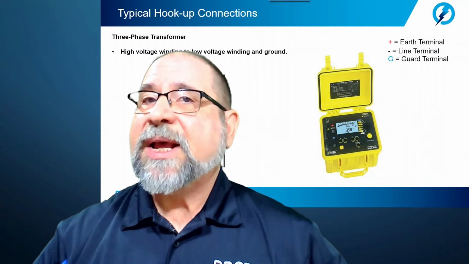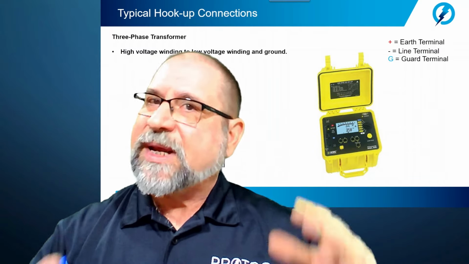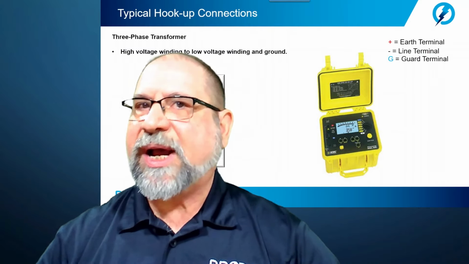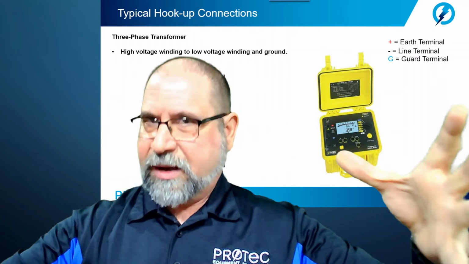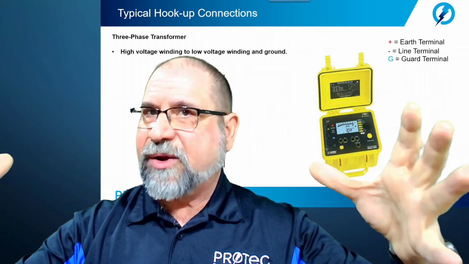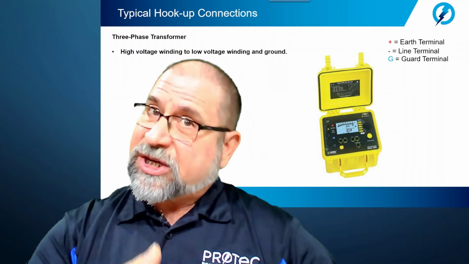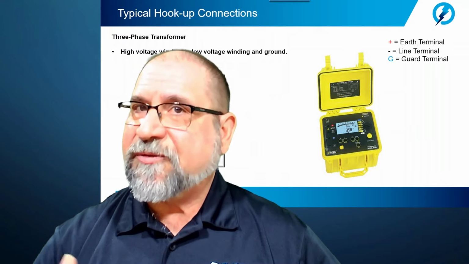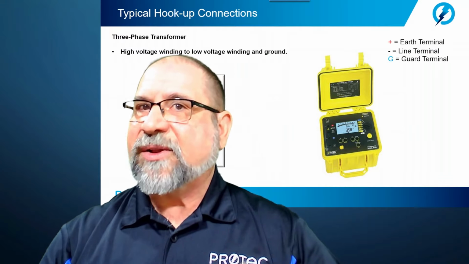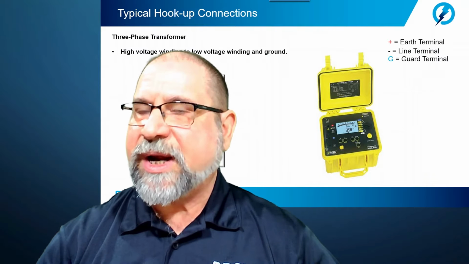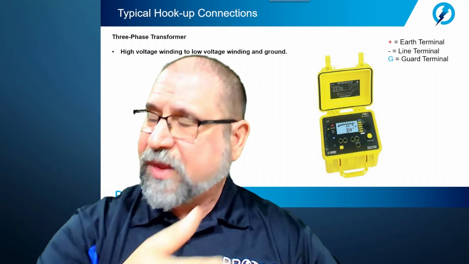Now, this in itself is not necessarily dangerous because it is DC being applied, but we are creating a magnetic field around that winding. In order to have induction, we have to have relative movement. That magnetic field has to move and cut across the secondary windings in order to cause induction.